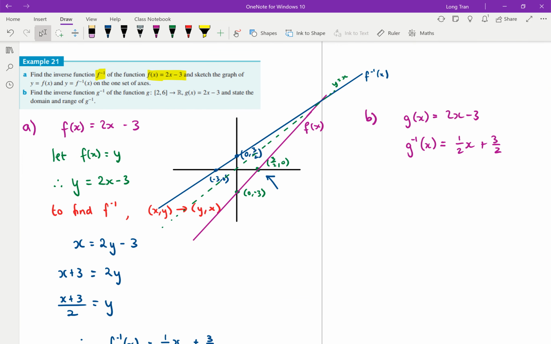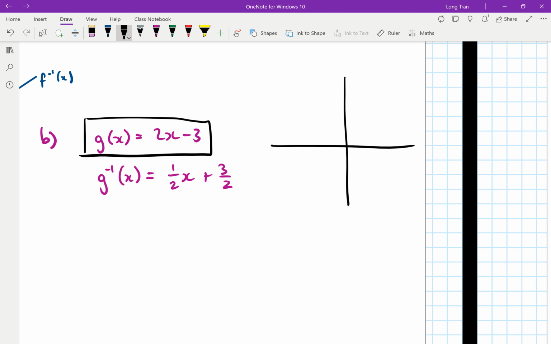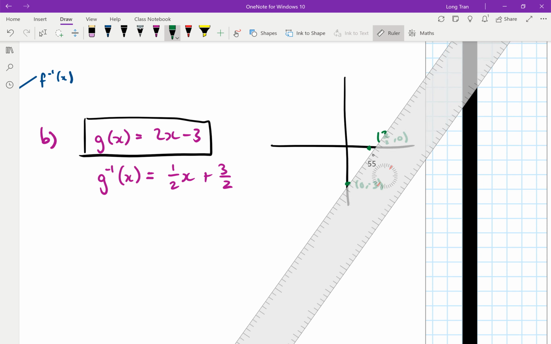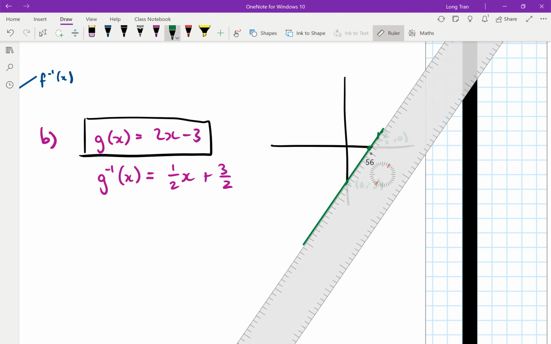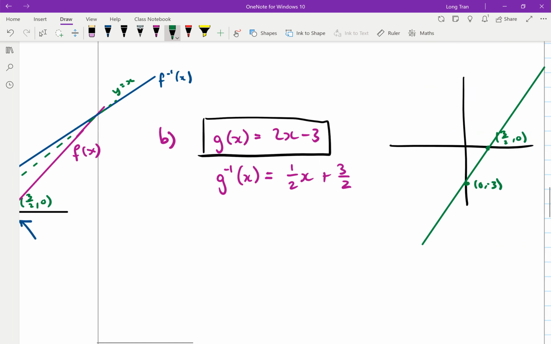So to start off, you need to roughly sketch what 2x minus 3 looks like. We already knew that the y-intercept is at 0, -3, and the x-intercept is at 3 on 2, right? So roughly, this is what it should look like. I'm going to draw a line across them. But remember, it has a domain from 2 to 6.